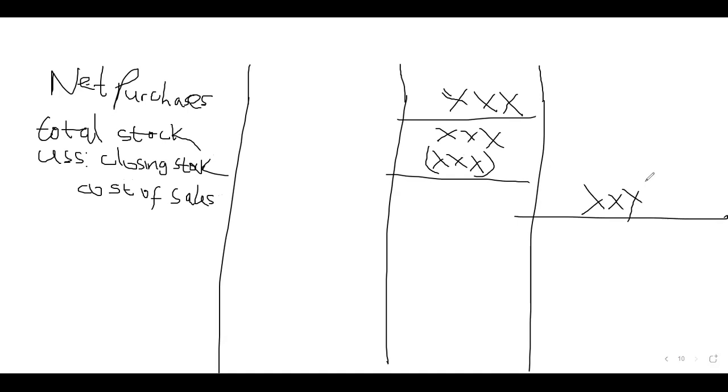Then from here, we are going to have the gross profit. On the gross profit, we record here. So now add other income.